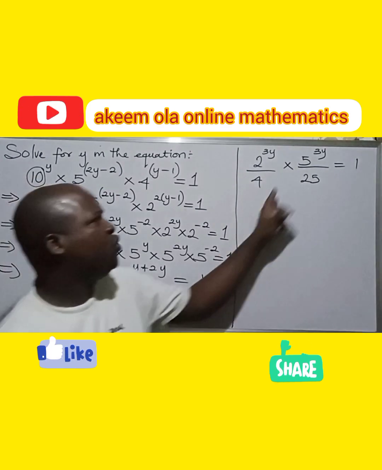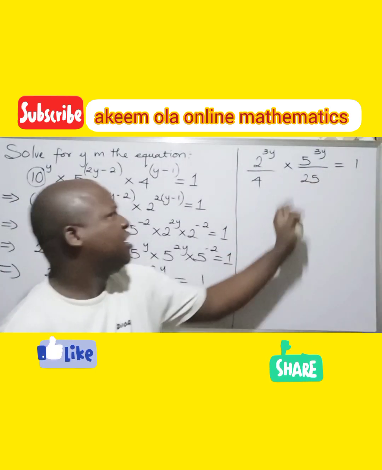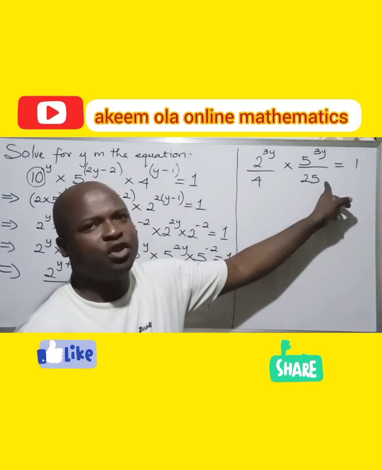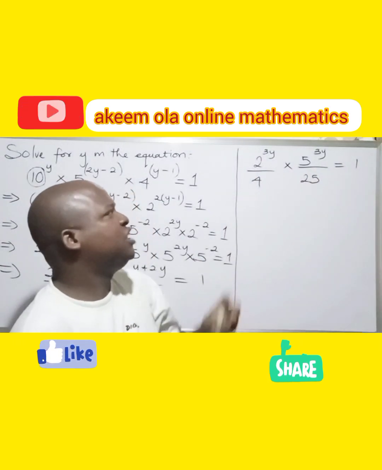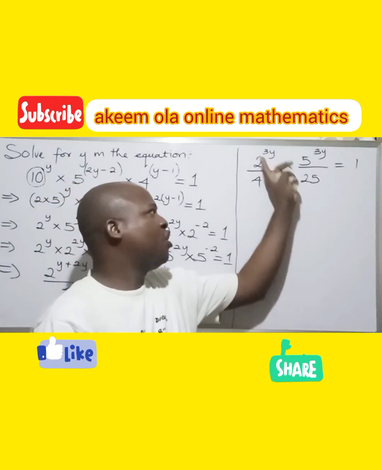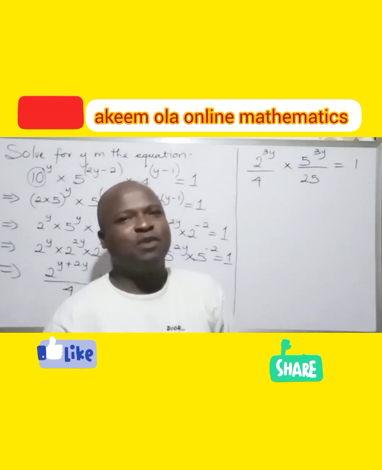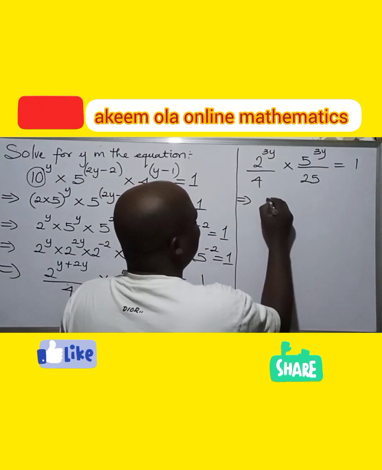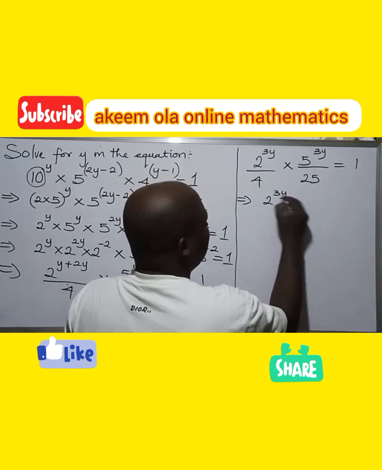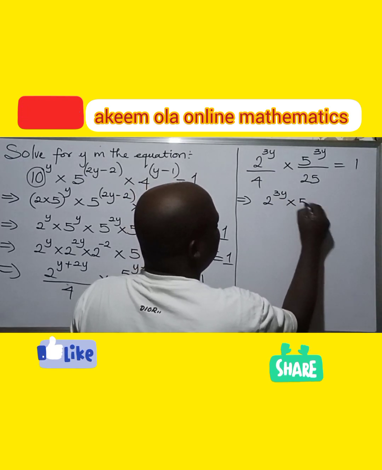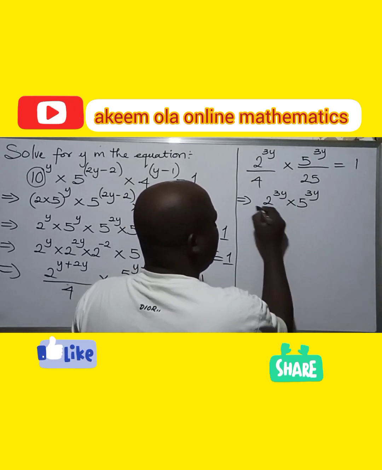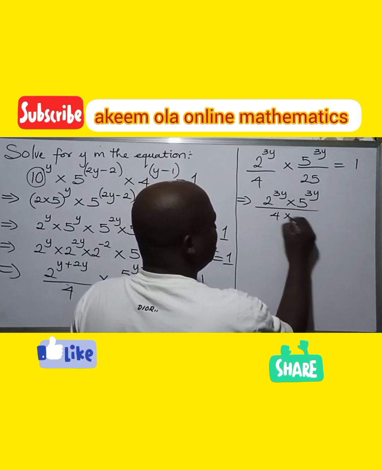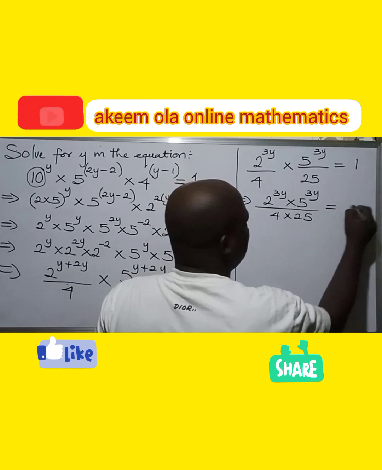You will notice that since we have multiplication here, the fraction can be multiplied by this other fraction, and in that process, the numerator can multiply numerator, while denominator can also multiply denominator. So I will have 2 raised to 3y times 5 raised to 3y, everything all over 4 times 25, which is now equal to 1.